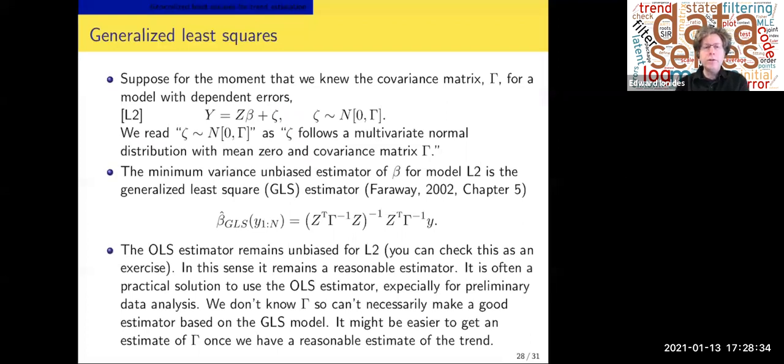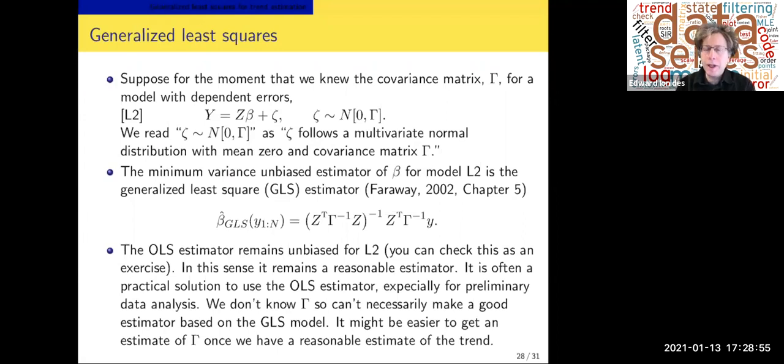Okay, so now we know there is correlation. We're going to start thinking about what to do about it. If we knew the covariance matrix gamma for the model with dependent errors, there's something we could do.